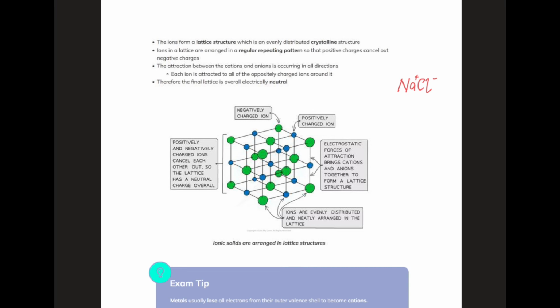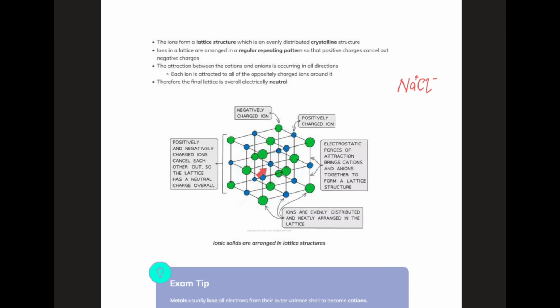Okay, now at this point, ions in a lattice are arranged in a regular repeating pattern so that positive charges cancel out negative charges. So they are repeating, as in here. The attraction between the cation and anion is occurring in all directions.